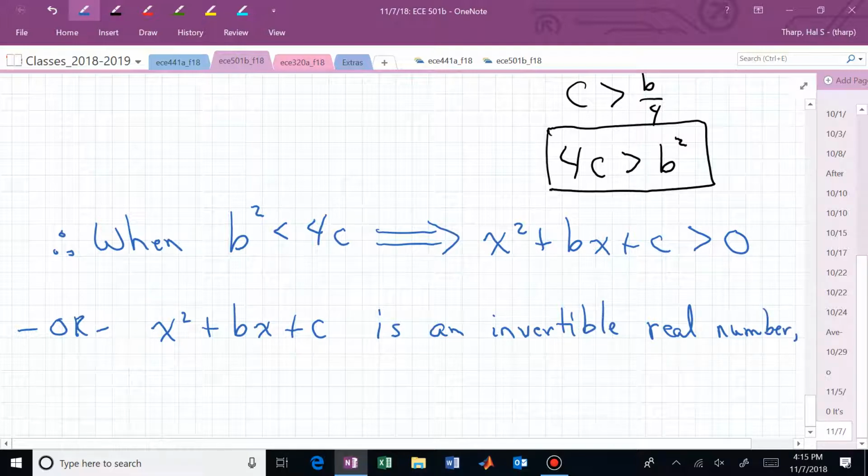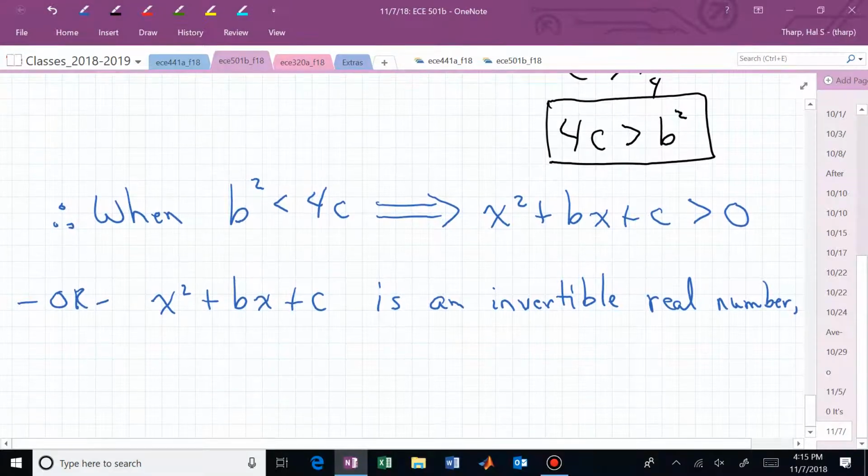Pardon? What does that mean? So if I tried to divide by 0, I'd have problems, right? So as long as I'm guaranteed that this is bigger than 0, I can divide by it. It's invertible. So that expression now has an inverse, as long as it's bigger than 0. That's all that means, or that's what I'm trying to say.